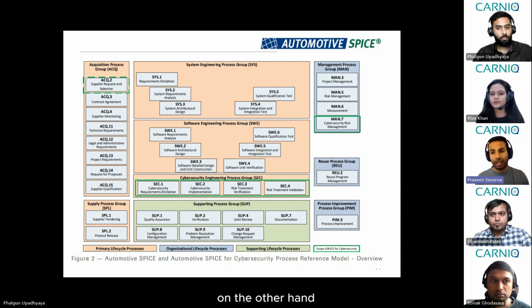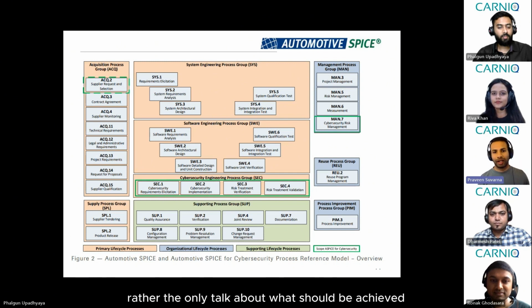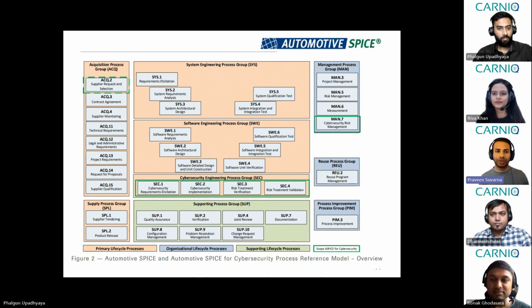On the other hand, standards always say we only describe what to do, not how to do it. If it becomes too specific, it is not a standard, right? So they try to keep it generic and let the user decide how to apply it. They only talk about what should be achieved, not the how part.